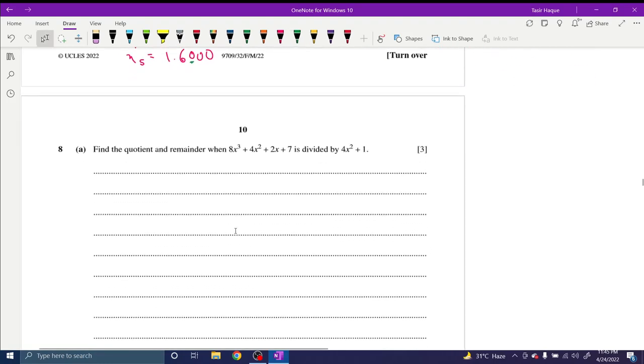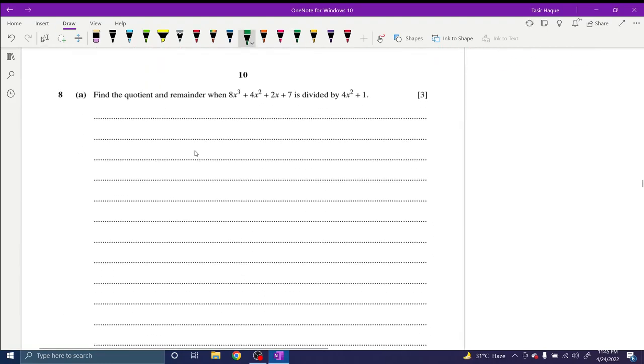Okay. For number 8, let's do this. We multiply it with twice x, 8x cubed plus twice x.